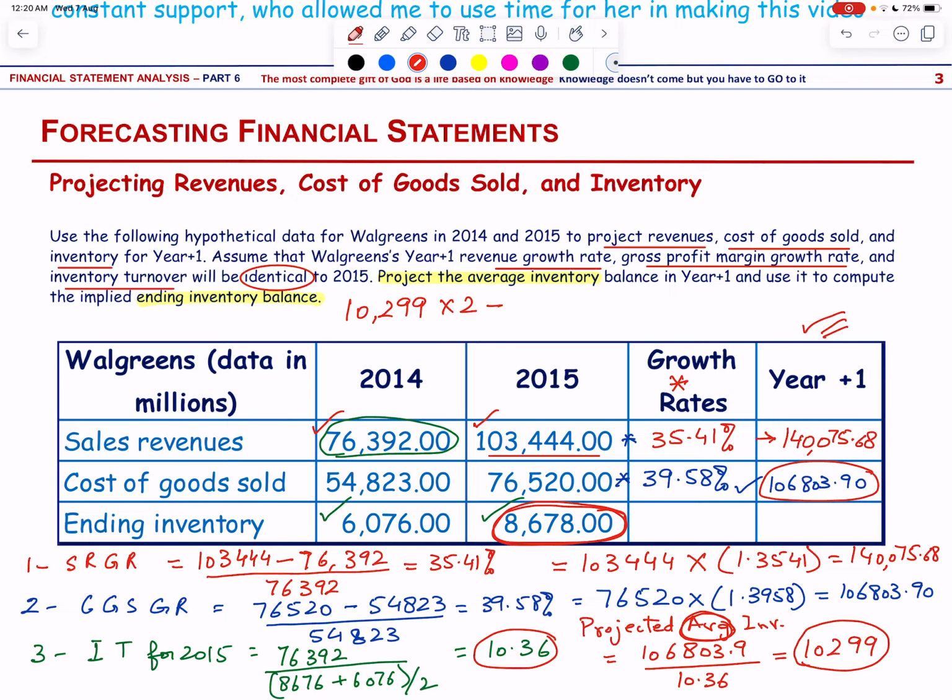So the projected average inventory, because it is an average, we multiply by 2 minus the beginning inventory for year plus 1, that is 8678, and this will be equal to how much?